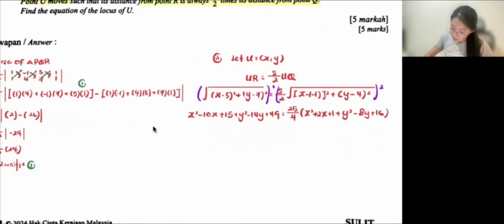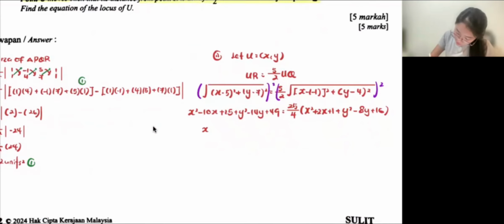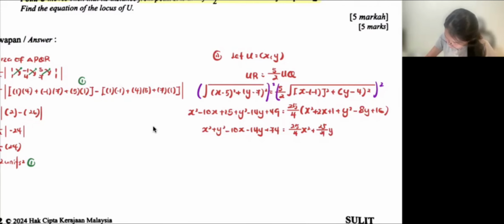Slowly expand. This side, I'm going to rearrange first: x squared, y squared, minus 10x, minus 14y. 25 plus 49 gives you 74. And then this one, 25 over 4 x squared plus 25 over 4 y squared.